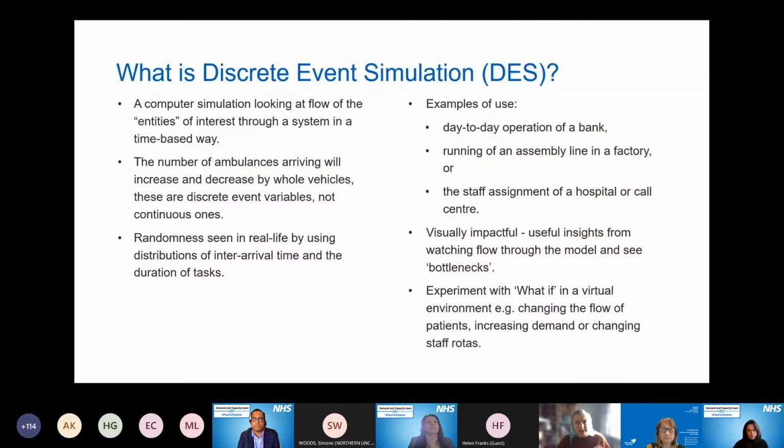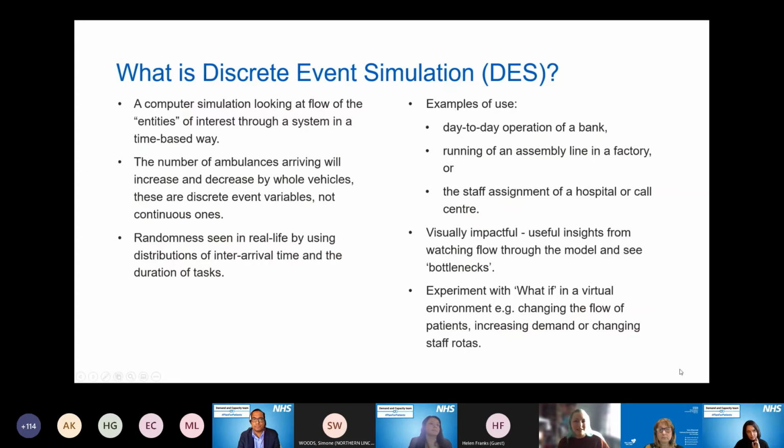And in the models, as Sandra alluded to, you can experiment with what-ifs in a virtual environment. So if you change the flow of your patients, if you want to investigate what impact increasing demand has, or how we need to change staff rotas to cope with this, you can do so in that virtual safe environment to see what impact those changes might have.